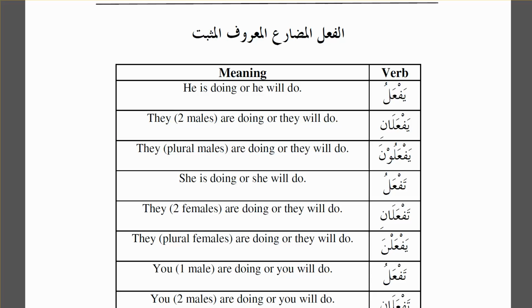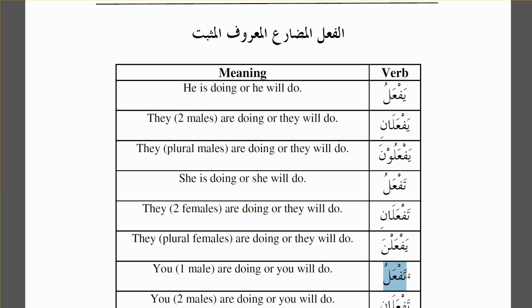If you look at the words in mudari', you'll see there's four letters there: the ya, the fa, the ayn, the lam. Well, the fa is called fa kalima, one of the original letters. The ayn is the ayn kalima, original letter. The lam is the lam kalima, original letter there. The ya, which is at the front of the word, we call that alamatul mudari', the sign of mudari'. You should know that by now. We've been studying this for many weeks.